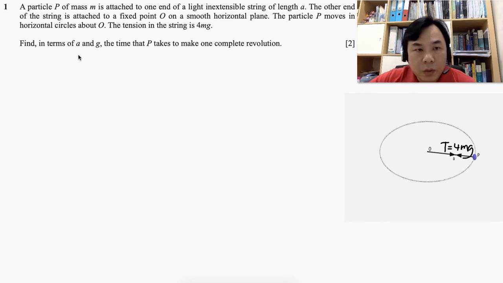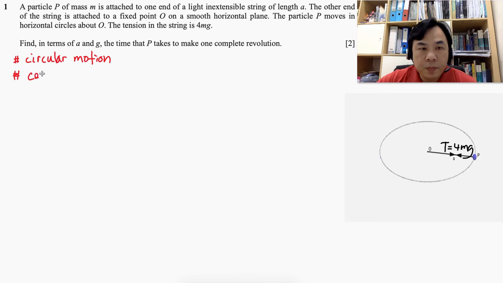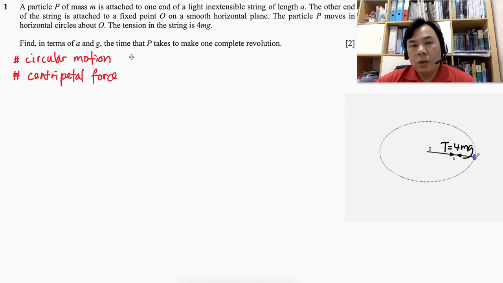So the first idea is, in the exam, always look at what type of mechanics is involved. This is circular motion, therefore you must think of centripetal force. Whenever you think of all these, try to list down first any formula that would be involved.